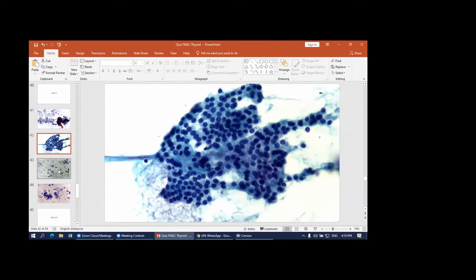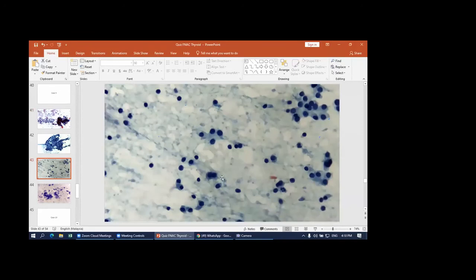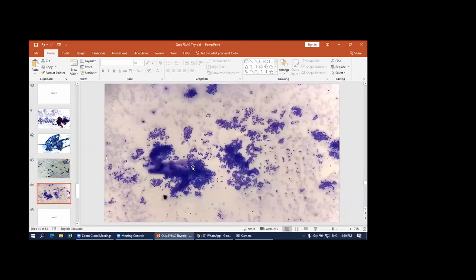I'm giving you the answer. But there's quite a number in dispersed form. And in MGG again, there are clusters. It's not that tight. It's quite loose because it's oncocytic looking, and quite a number of them are dispersed.